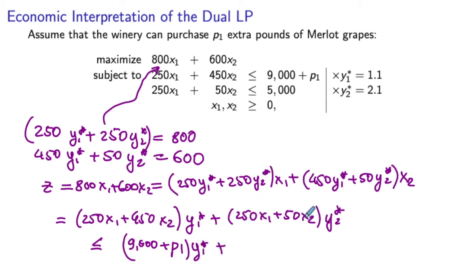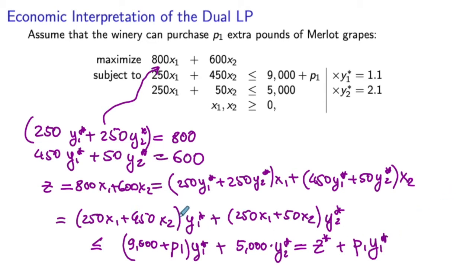And for the second coefficient, this is the left hand side of the second constraint, so it's going to be 5,000 times y2 star. This is equal to the following: 9,000 times y1 star plus 5,000 times y2 star gives us the optimal objective value for the dual, which is the same as the optimal objective value for the primal, z star. And what remains is plus p1 y1 star.